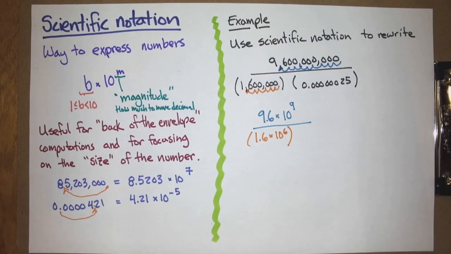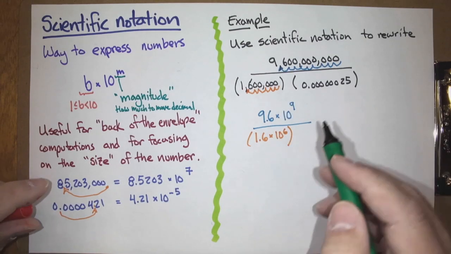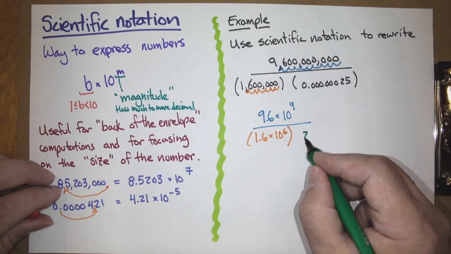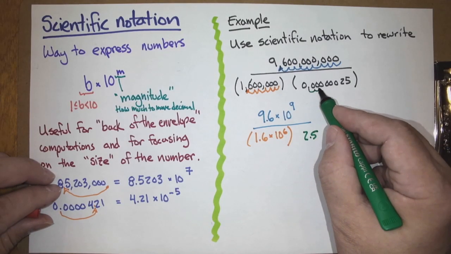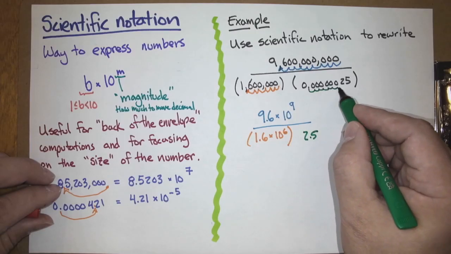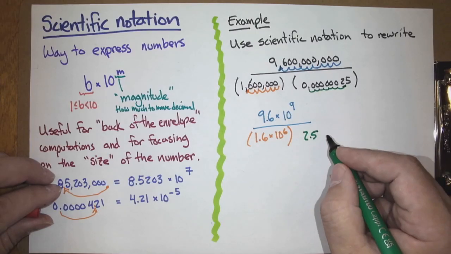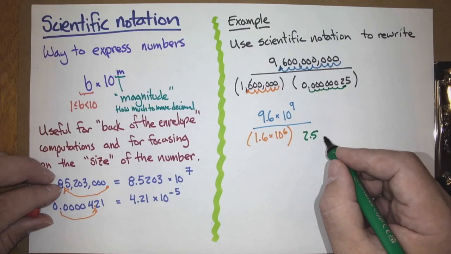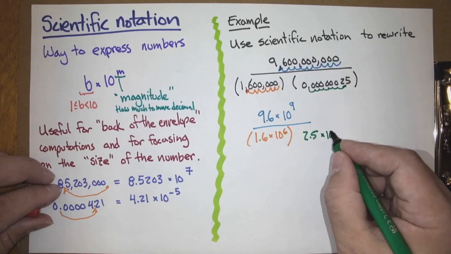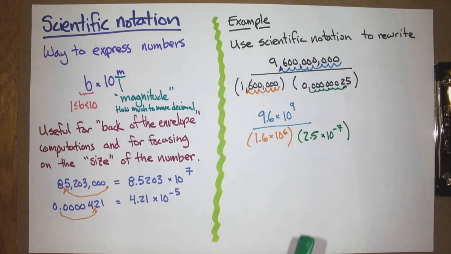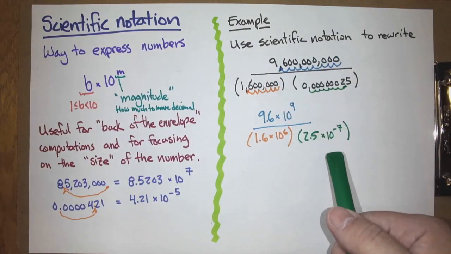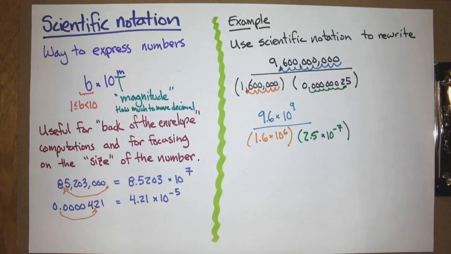Then we have one more piece that we have to include. This is 0.00025. Okay, so it starts as 2.5. Everything else involved is zeros. And we start counting. 1, 2, 3, 4, 5, 6, 7. What do we have to multiply by? Negative 7, yeah. So the positive and negative helps us understand. Positive, big numbers. Negative exponent means tiny numbers.